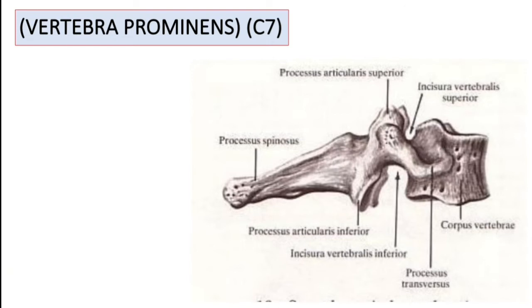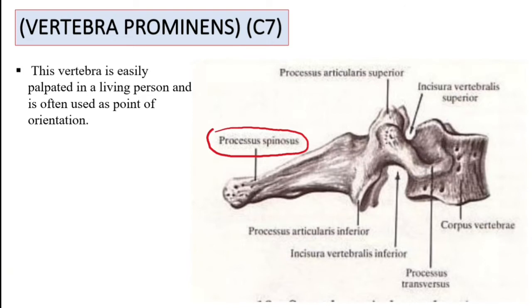Number 7, C7, vertebra prominens. This vertebra is easily palpated in a living person and is often used as a point of orientation. The most prominent thing is the spinous process, processus spinosus.